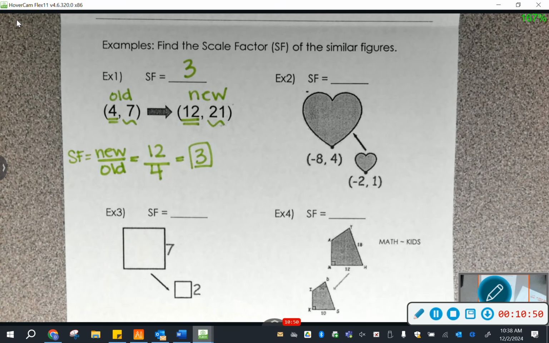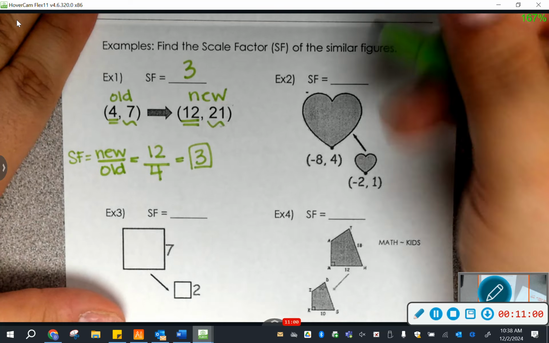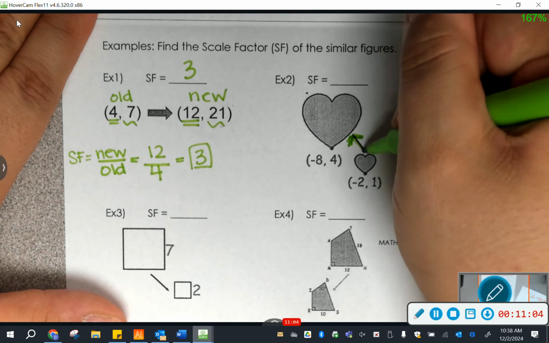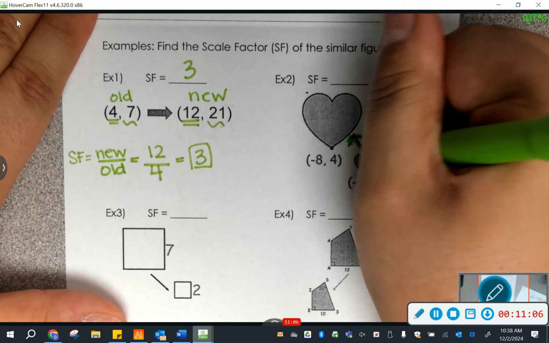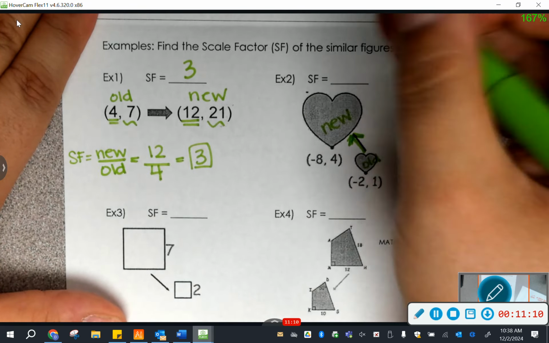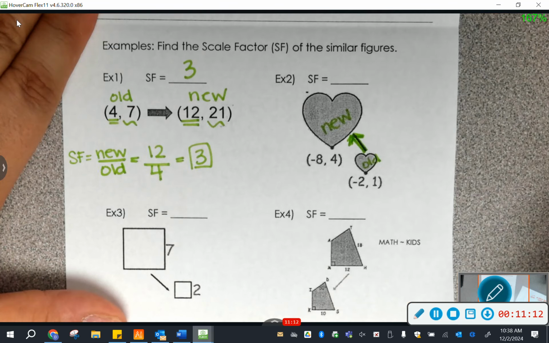Let's look at my hearts. How do I know which one's old, which one's new? Old is which one? Jordan, focus. Can y'all make this arrow a little bit more obvious because it's kind of hard to see? This is old, this is new, because the arrow points at the new one.